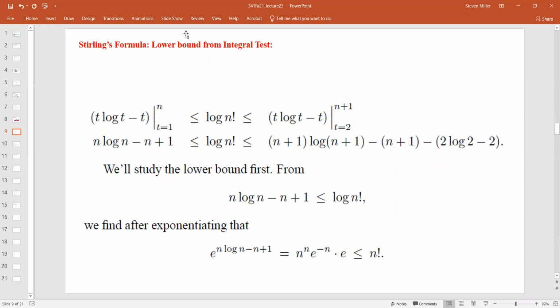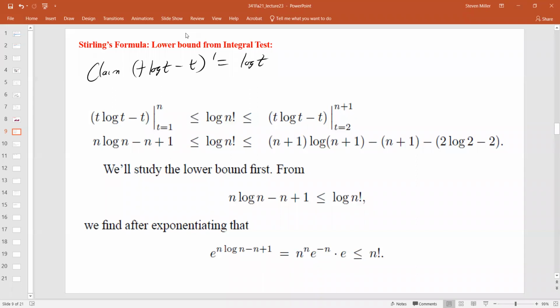And so when we apply this, we need a function whose derivative is log t. So we claim that t log t minus t has derivative log of t. And that's what we need to make things work so that we can do the integration. This is found by the method of divine inspiration. I want to find a function whose derivative is log of t.